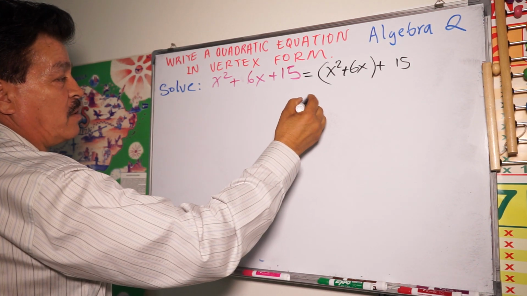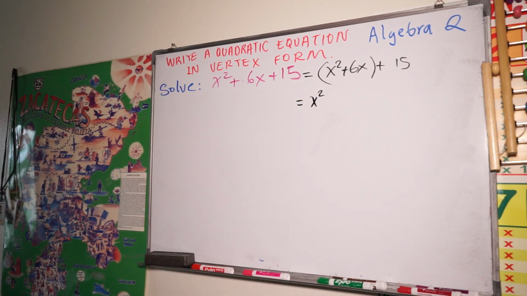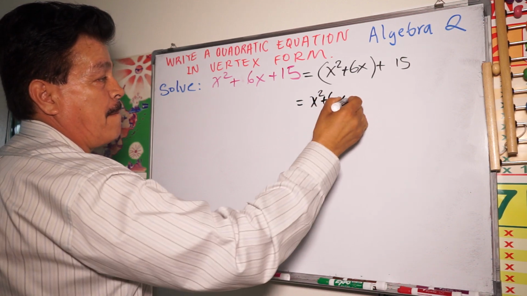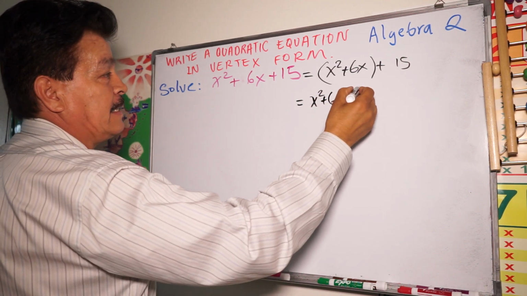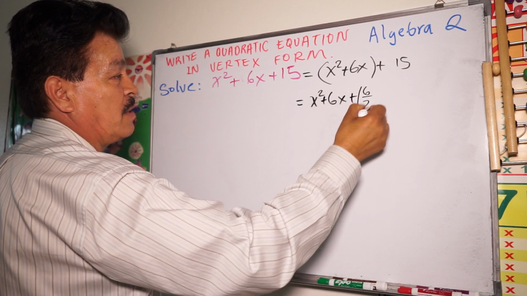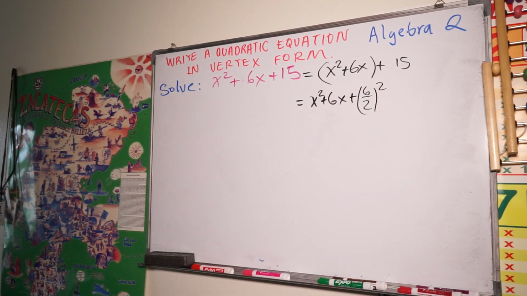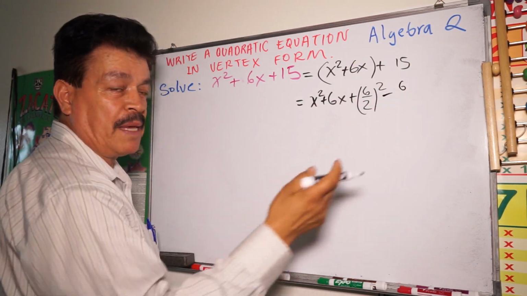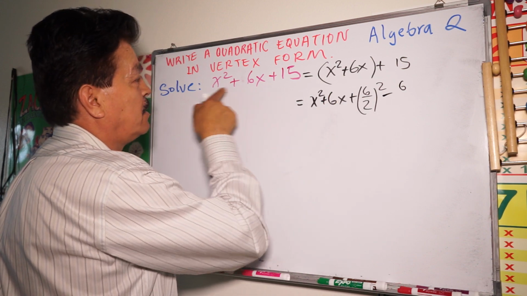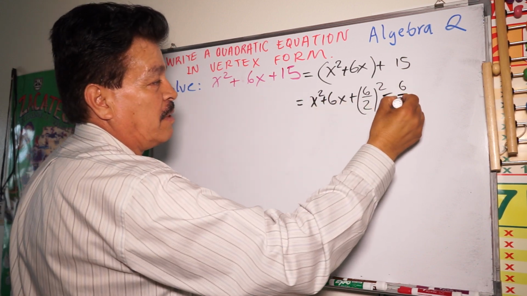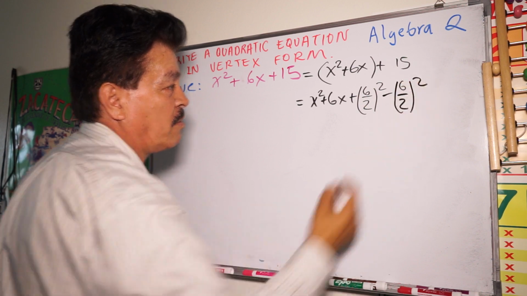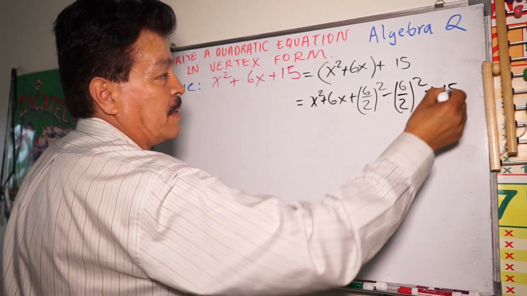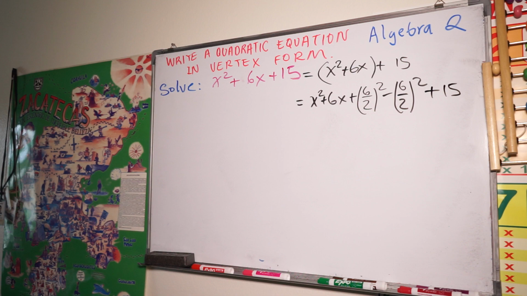So we have x squared plus 6x plus 6 divided by 2 to the second power, minus 6 divided by 2 to the second power, plus 50. Okay, that's the first step.